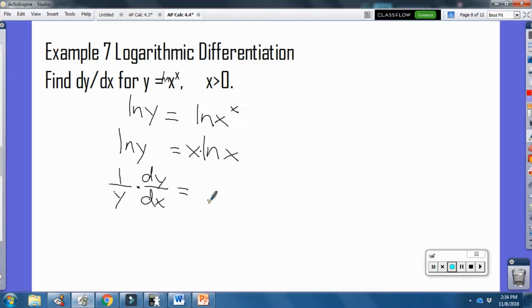In case you're unfamiliar, natural log of x is kind of like sine of x. It's a function of something we're doing to x. So I'm going to have to use the product rule. Say u is x, and du is 1, v is ln of x, and dv is 1 over x.